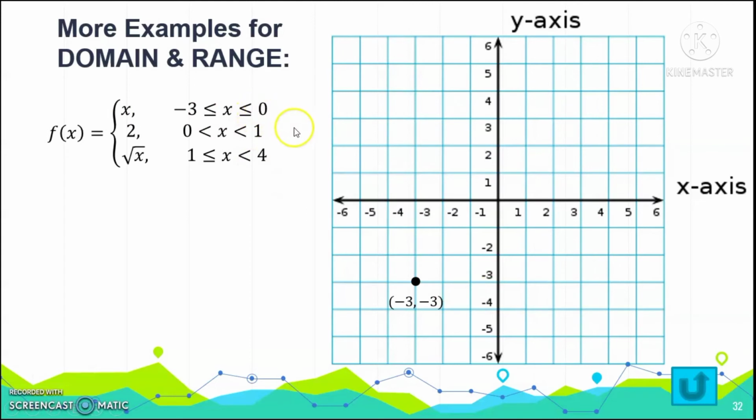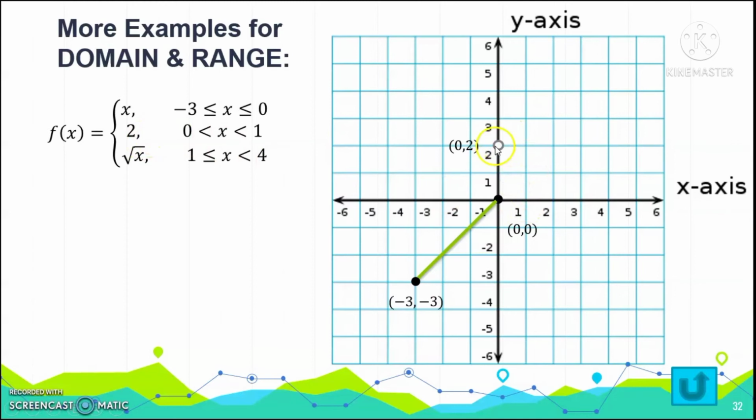How about 0? If our x is 0, then our y will become 0. We have here 0 and 0. And so, we are going to connect the given function, the line. How about if x is greater than 0, then we have 0, 2 for our y.